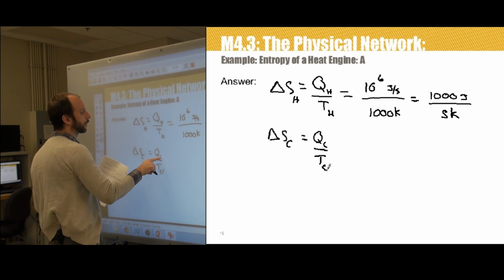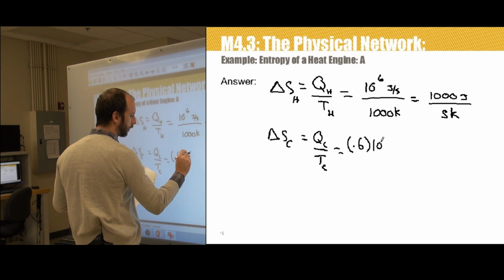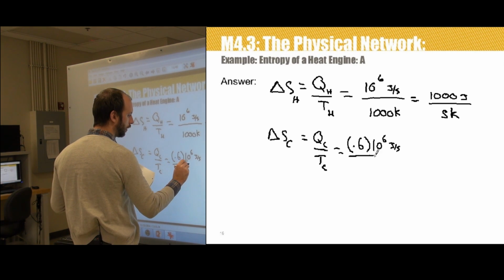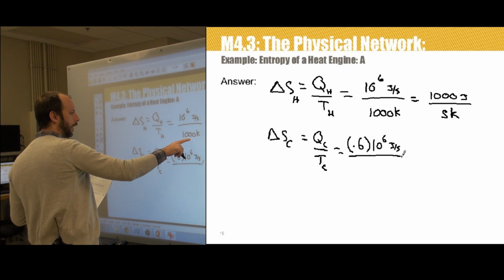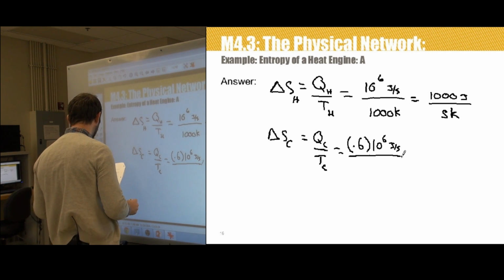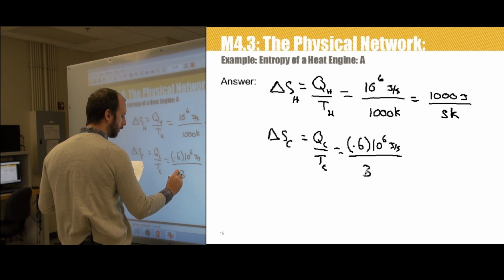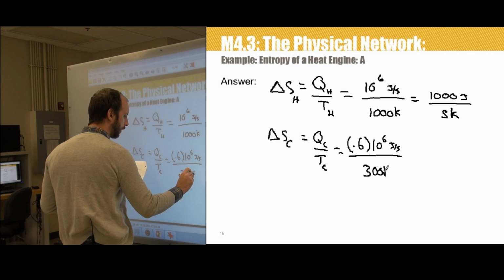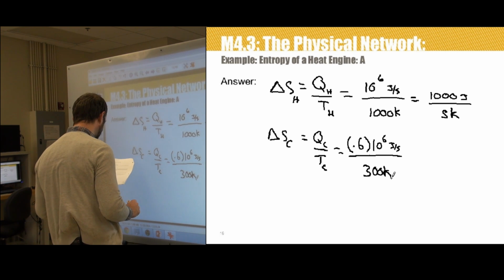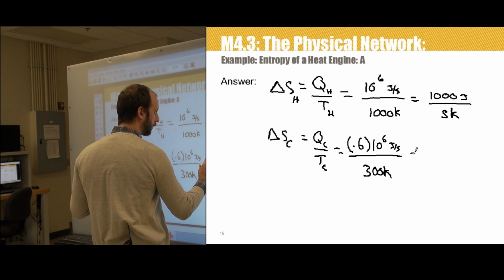We weren't given a number for QC, but we do know it's 0.6 because of the efficiency, times 10 to the 6th joules per second. And then we divide that by T sub C, which in the problem statement, the low temperature cold reservoir was 300 K. So that gives us an entropy change, a delta S of 2000 joules per second Kelvin.